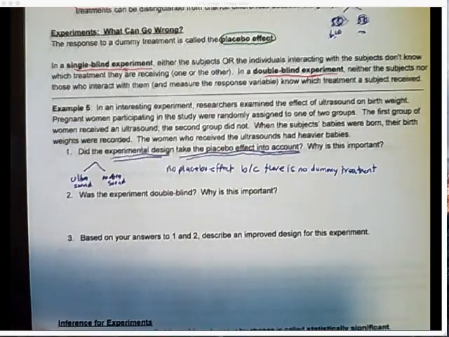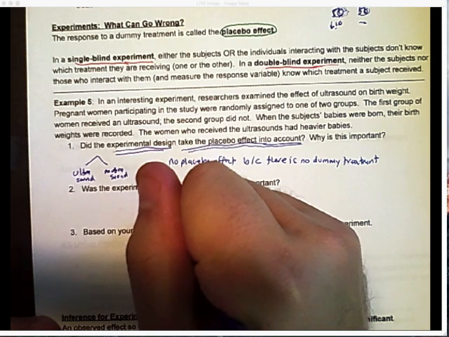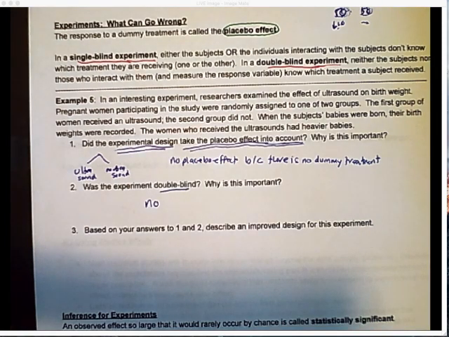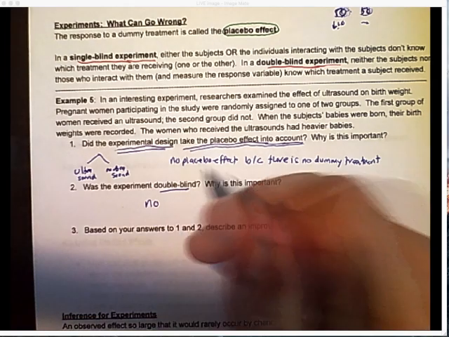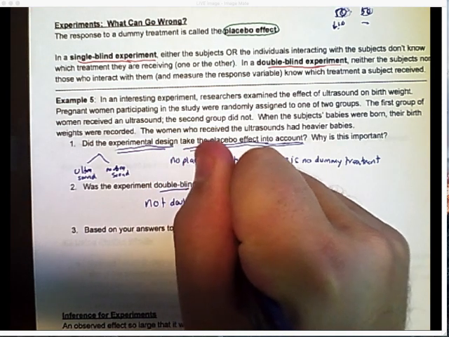All right, and it says, was the experiment double blind? No. A pregnant woman knows whether she's getting an ultrasound or not. It's pretty clear. If they put the gel on the stomach and turn on the ultrasound machine and show it to the woman, then the woman knows if she's getting an ultrasound or not. So this was not double blind. Not even single blind.